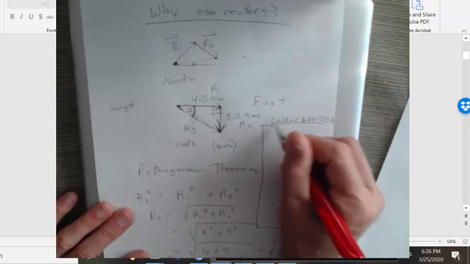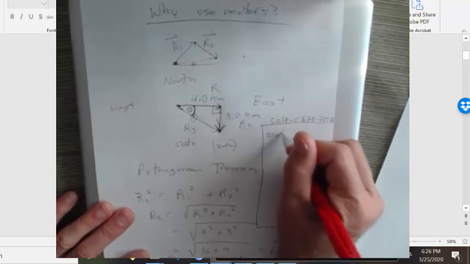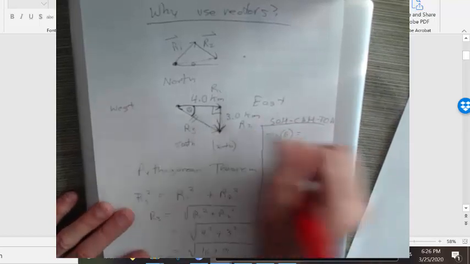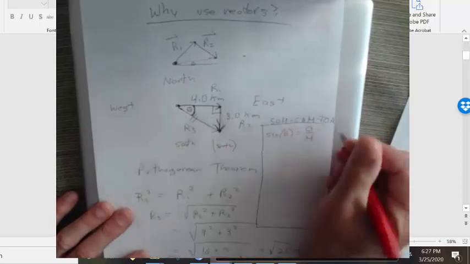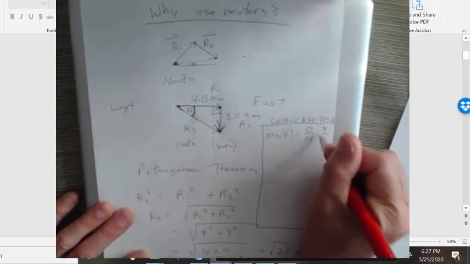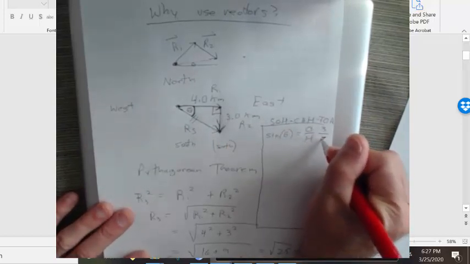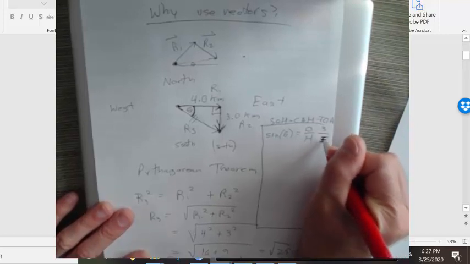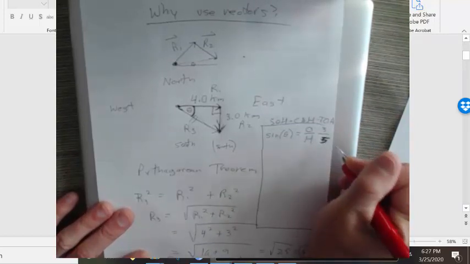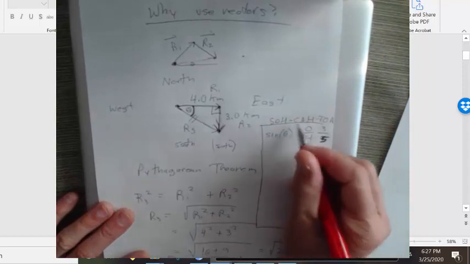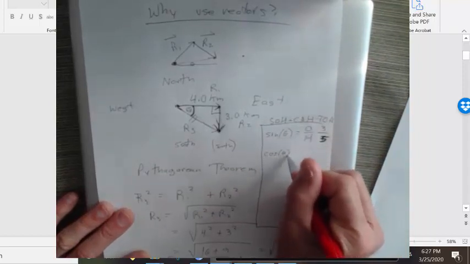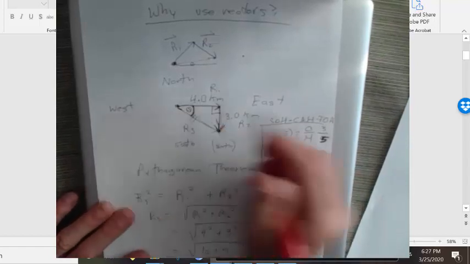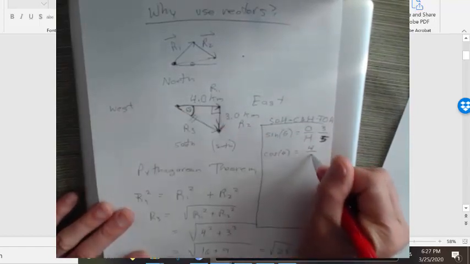SOHCAHTOA, the first 3 letters tell me that the sine of that angle theta is equal to the opposite side divided by the hypotenuse. The opposite side here is 3 divided by the hypotenuse, which is 5. Hypotenuse is R3. That's the longest side of a right triangle. The second 3 letters tells me that the cosine of theta is equal to the adjacent side divided by the hypotenuse.